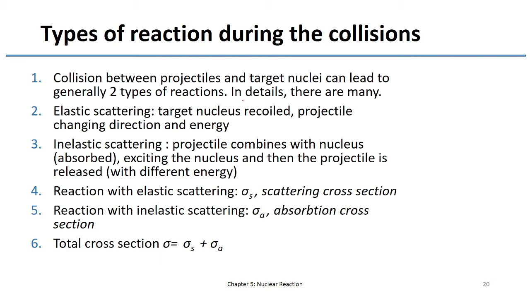There are many types of reaction during the collision. When the projectile hits the target, there are a few types of reaction that will occur. But generally, for this topic, there are two: elastic and inelastic.